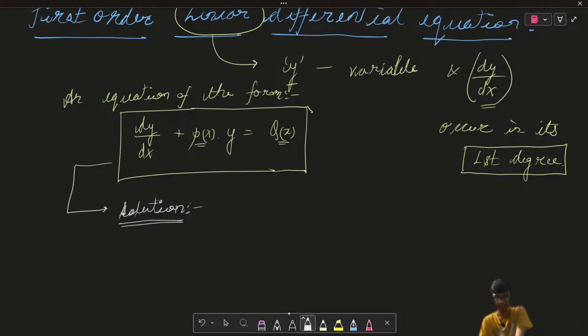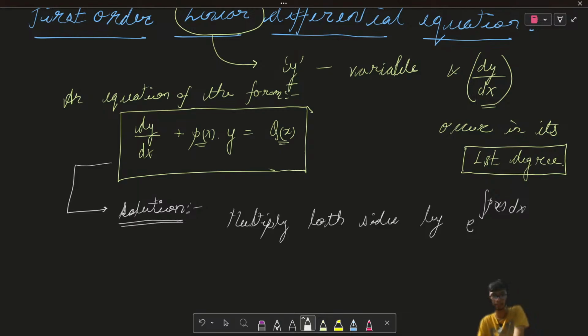What you will see is that if I multiply both the sides by e to the power integration of P(x) dx, let us see what this quantity is and how it is going to help us in solving the questions, right?